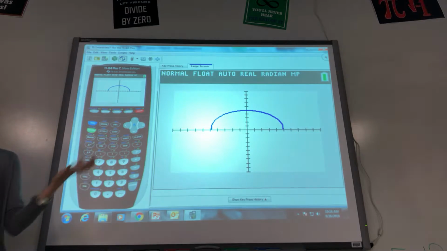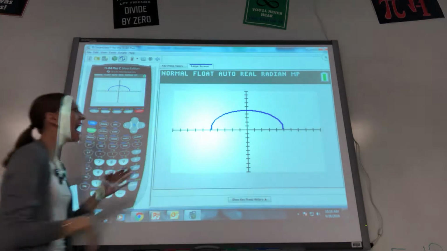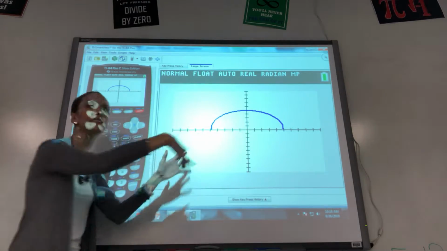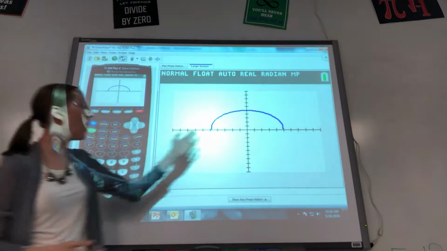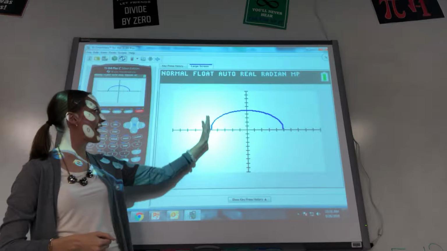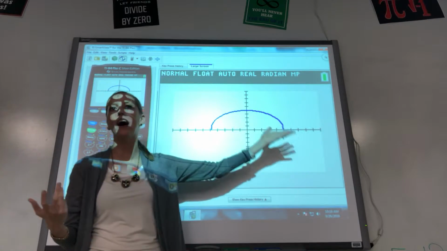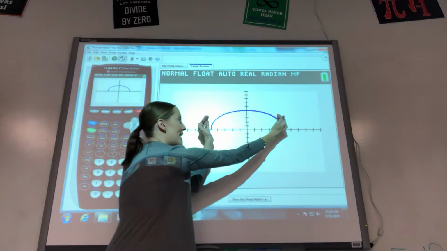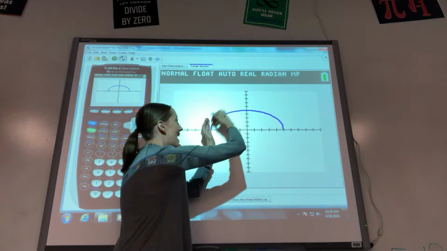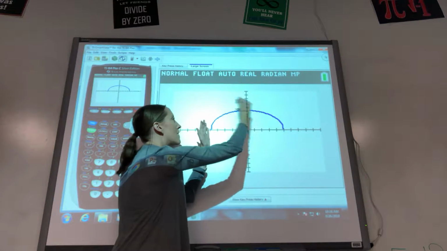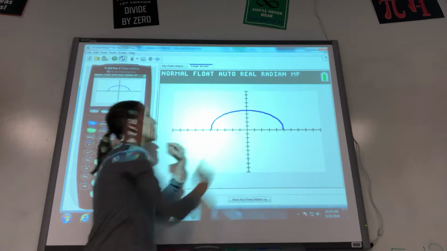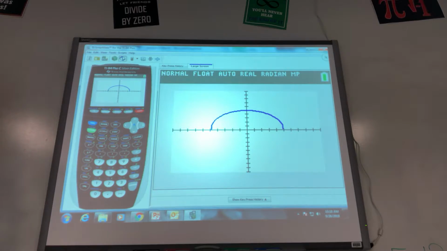Now, it turns out on this graph that those are the only values where the function exists anyway. It only exists between -5 and +5. So it's not always going to be like that, but this is what you're looking at. Everything between -5 and +5 and equal to -5 and +5.